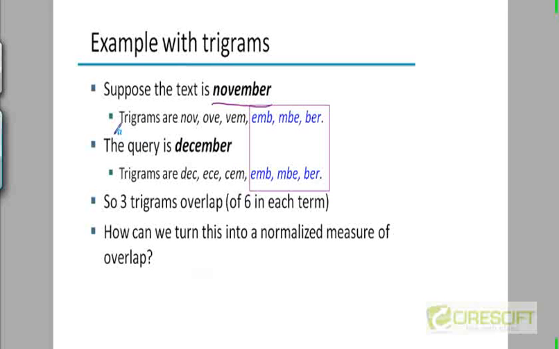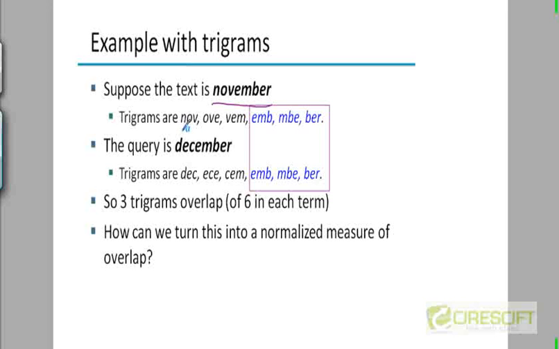Now in the Kgram index, we are going to have entries for NOV, OVE, VEM, EMB, MBE, and BER. Now in the Kgram index that we talked about a couple of classes ago, we also had this special character dollar at the beginning and at the end. So that can also be done, but let's assume that we are not doing that to simplify things here. Let's just focus on these actual 3 grams.